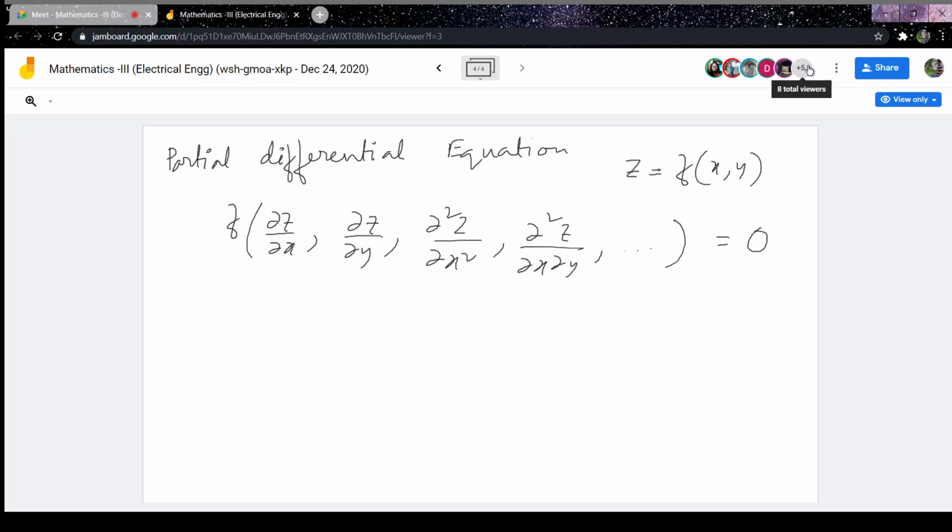And in general, there is a convention that we write this first order partial derivative of z with respect to x as p. This is q.